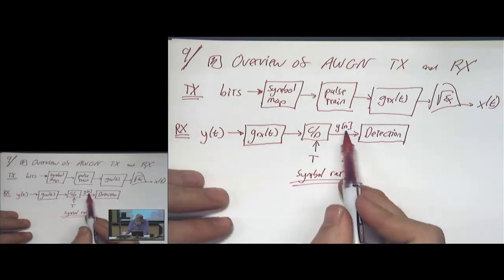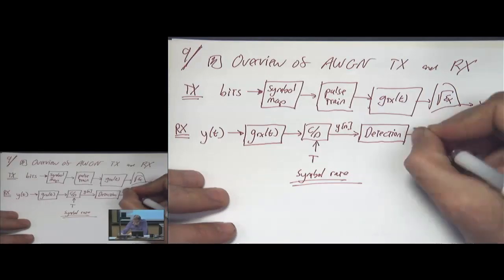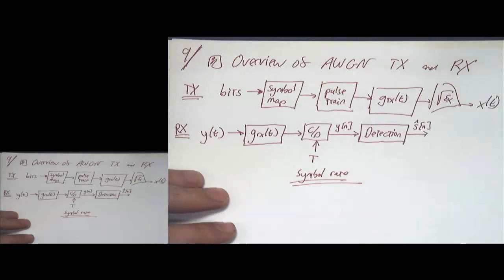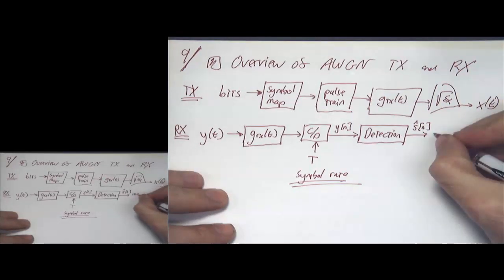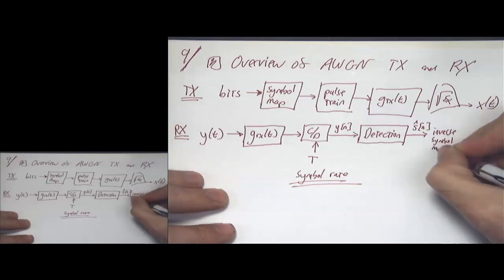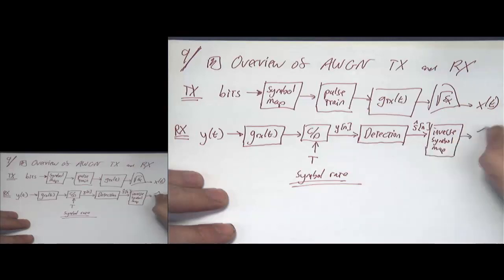So supposing that this is our sampled sequence here, this goes into a detection block that produces at the output an intelligent guess of the symbol sequence that was sent, s hat of n. So that's why I'm putting the hat here. Hat is always like an estimated or detected quantity. Not always, but it's just convention. And then it passes into the inverse symbol mapping block. That's this block right here. And that produces our estimate of the bits that were sent here.